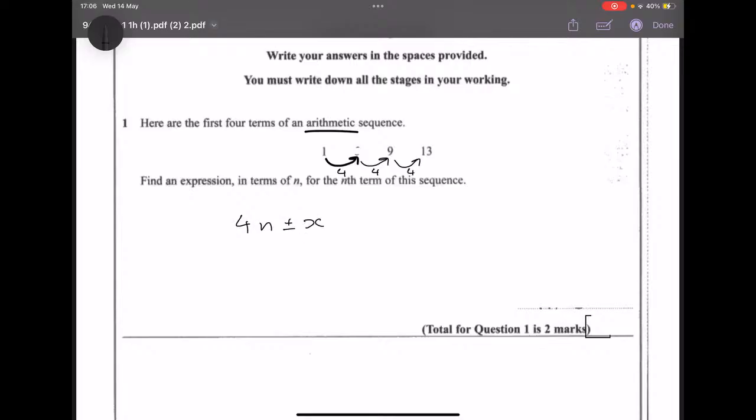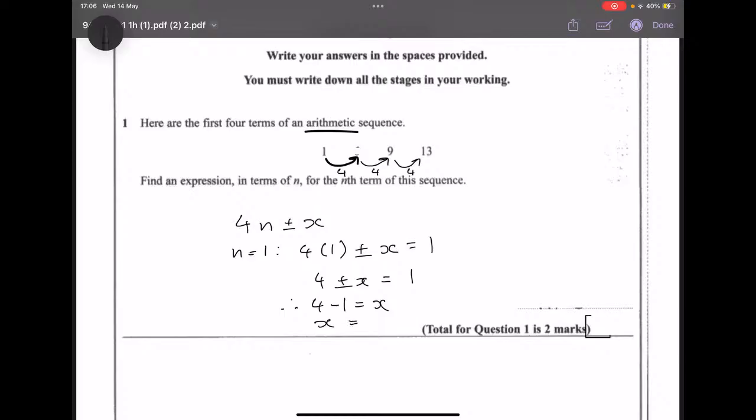In our first term, where n equals 1, 4 times 1 plus or minus x equals 1. 4 plus or minus x equals 1. Therefore 4 subtract 1 equals x.